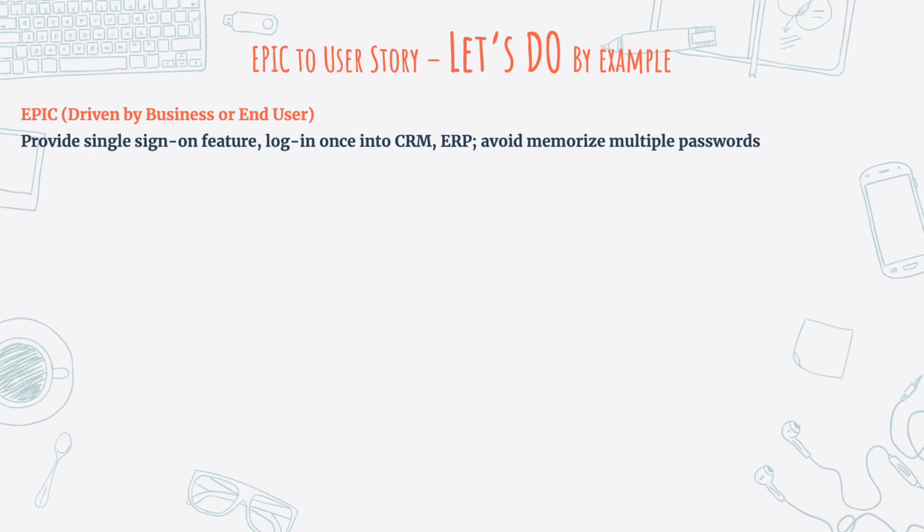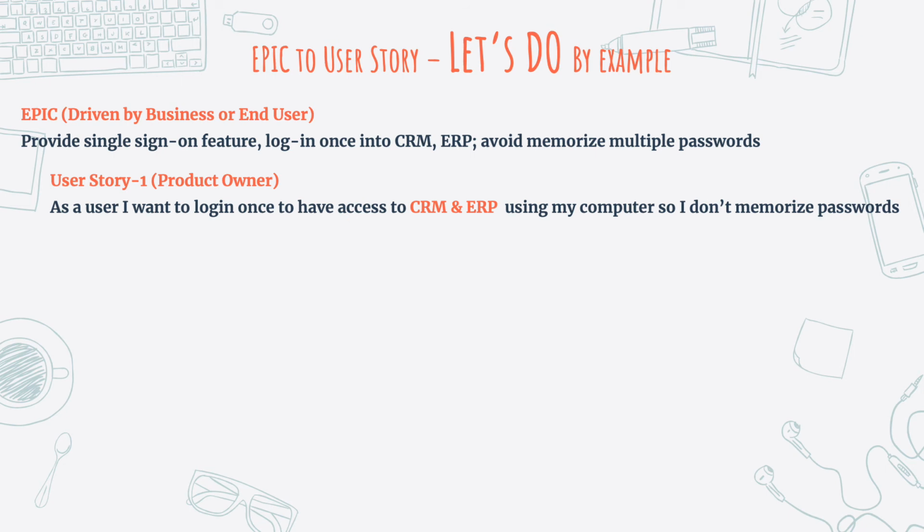The product team understands it's a big feature requiring UI changes, custom development, as well as integration testing across the CRM and ERP applications landscape. So they start by creating a user story, adding in some more details. The product team discusses various acceptance criteria with the CRM and ERP application team leads and determines the two required modifications are independent of each other.